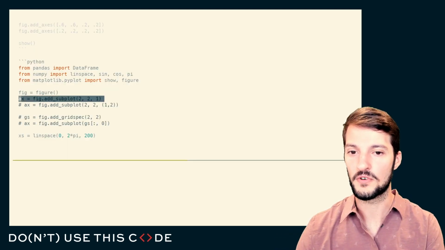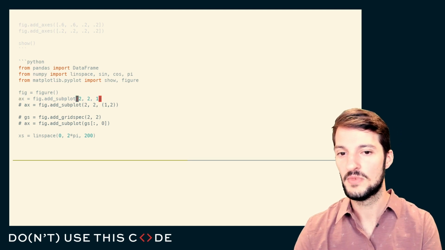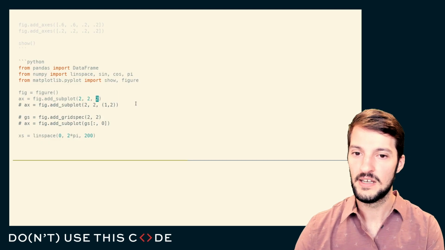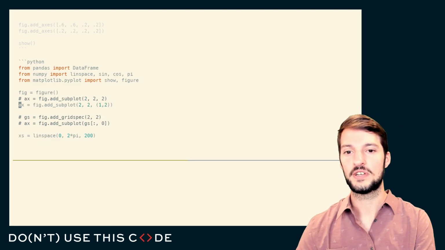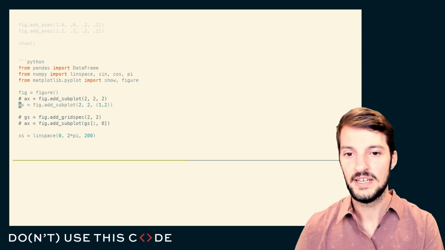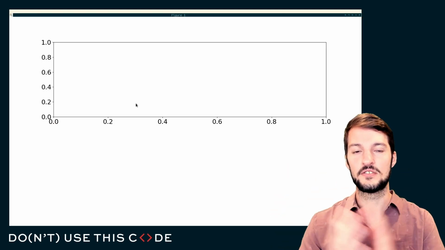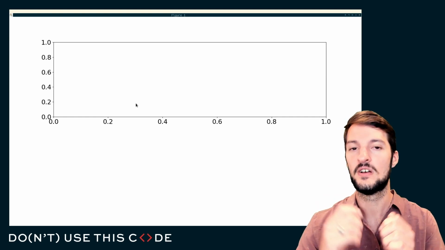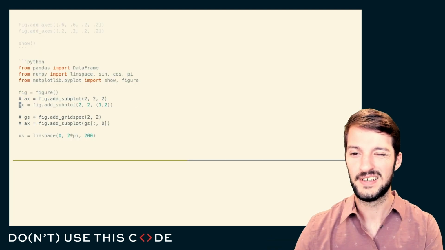That's what that 1 refers to. If I were to change this to a 2, we would see that my set of axes then appears in the top right. We can also create a set of axes that spans across rows or across columns. In this case, I'm spanning across the top row by specifying my index 1 and 2 on my 2x2 grid.